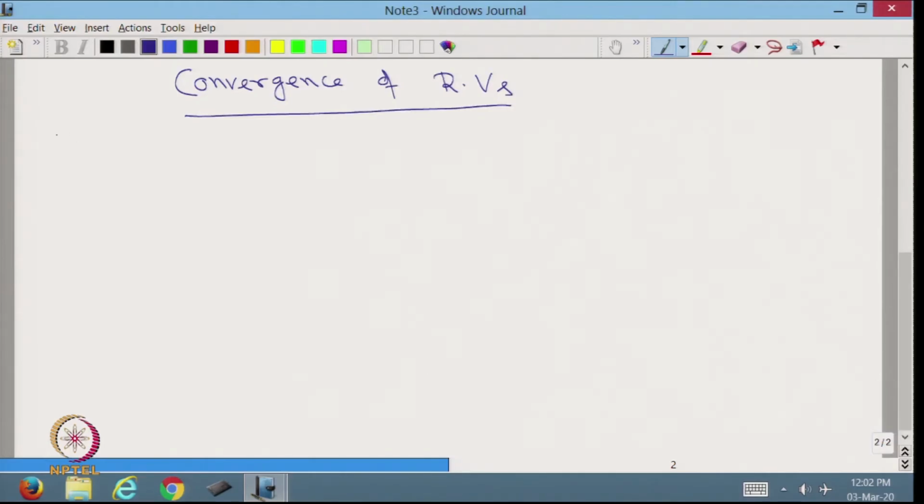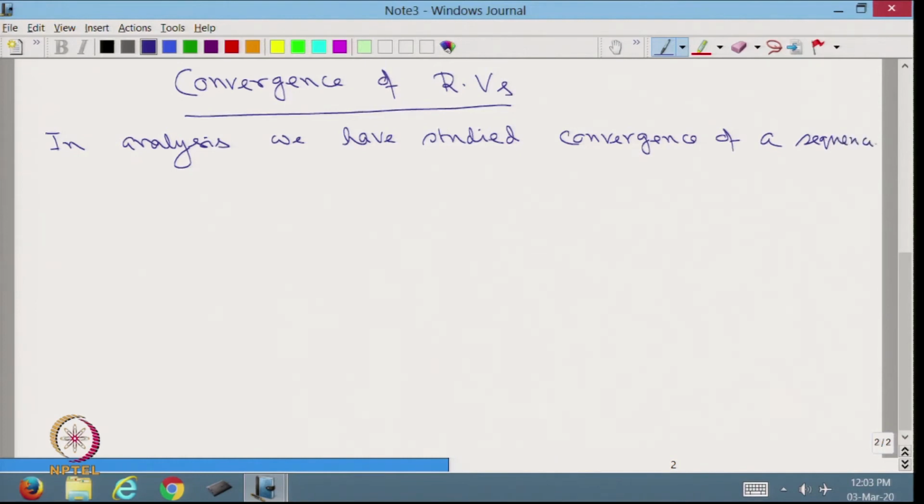In analysis, we have studied convergence of a sequence of numbers x n.